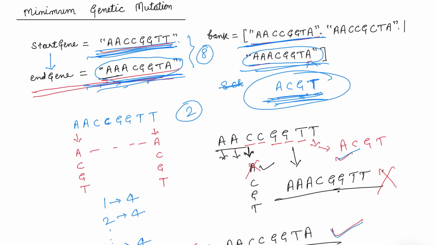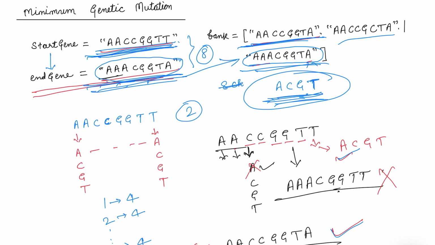But it can be the case that a start gene is given and the end gene is available inside the bank, but there is no possibility of mutation of the start gene so that we can reach the end gene. In that case also it will return -1. Like in the bank, whatever mutation is necessary is not given, then in that case also we can't reach the end gene.